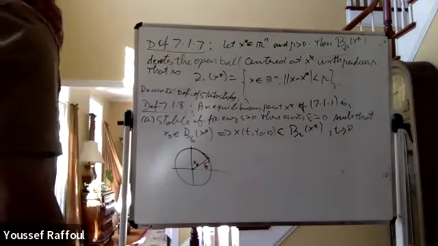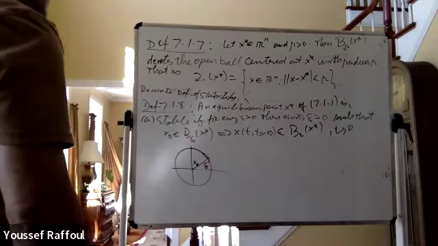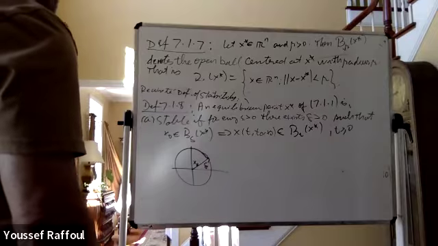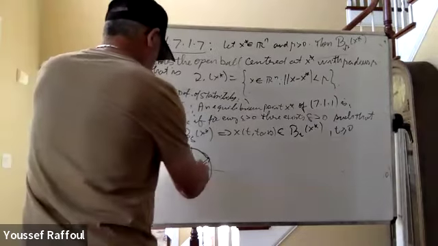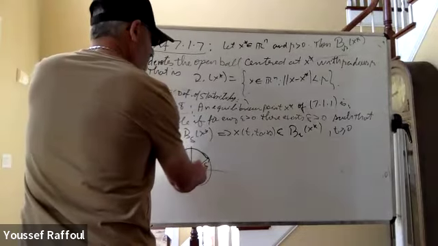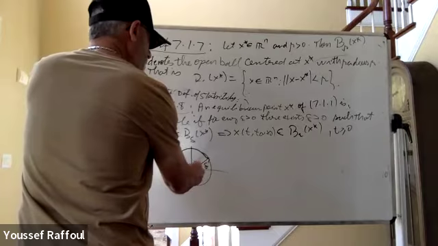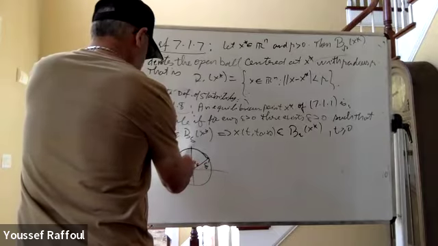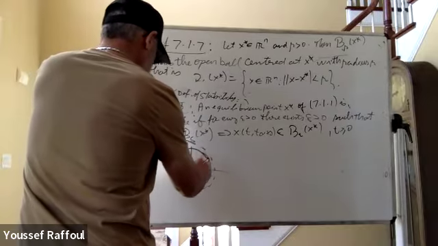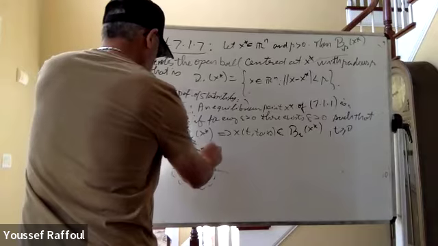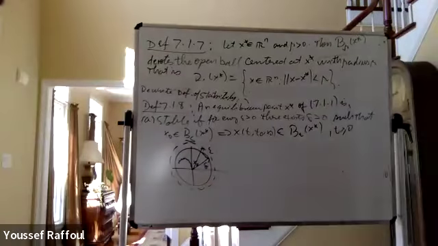For any epsilon positive, there is a delta positive such that the solution starting here will be inside, and this is epsilon.